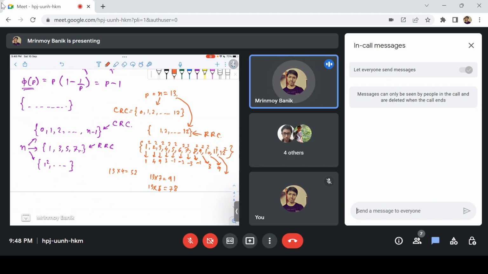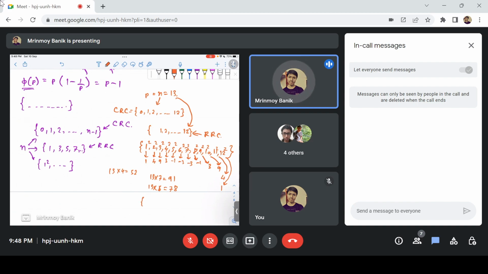And 11 is 121. So basically 11 is minus 2 mod 13. So minus 2 squared is plus 4. So you can back calculate that and take a shortcut. And 12 is similarly minus 1. So minus 1 squared is 1.